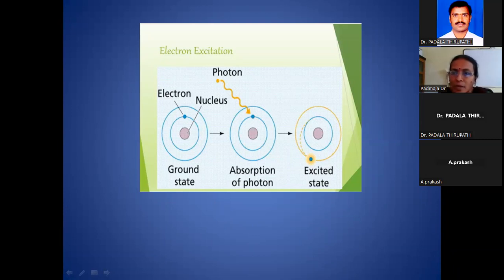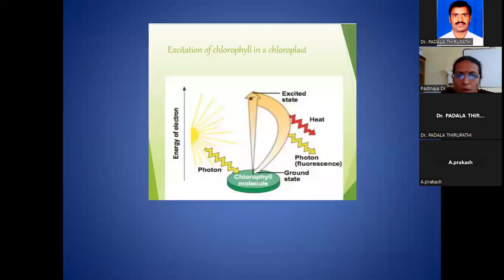These electrons will move from one electron carrier to another, and like this, ATP is also formed by this movement of electrons from one pigment to another and through the electron carriers. Now, this is the actual excitation of the chlorophyll in a chloroplast. This is the step before entering into the light reaction.